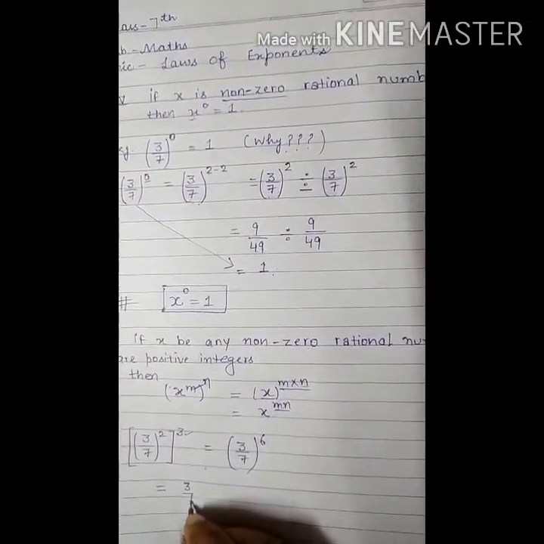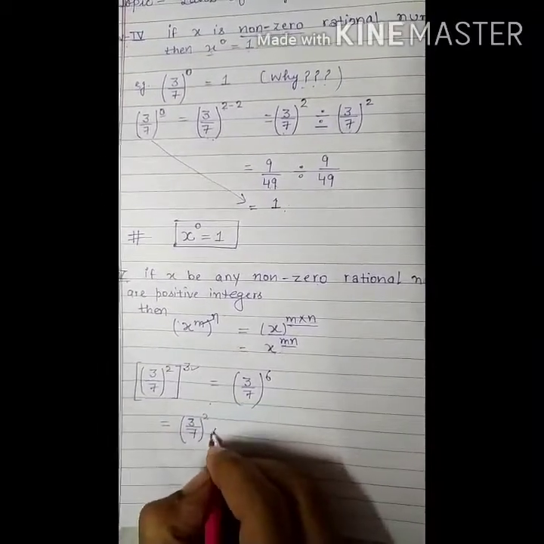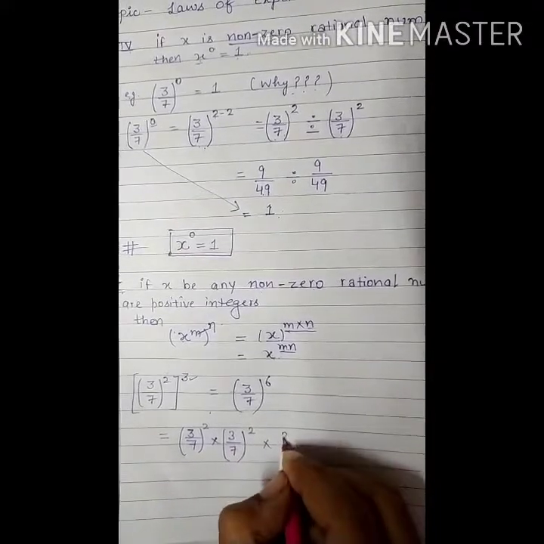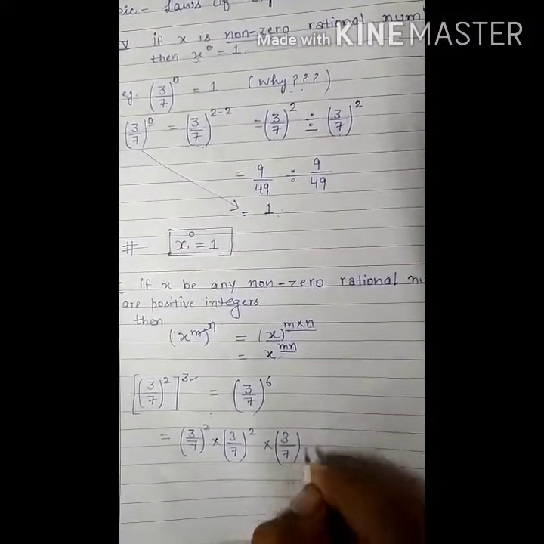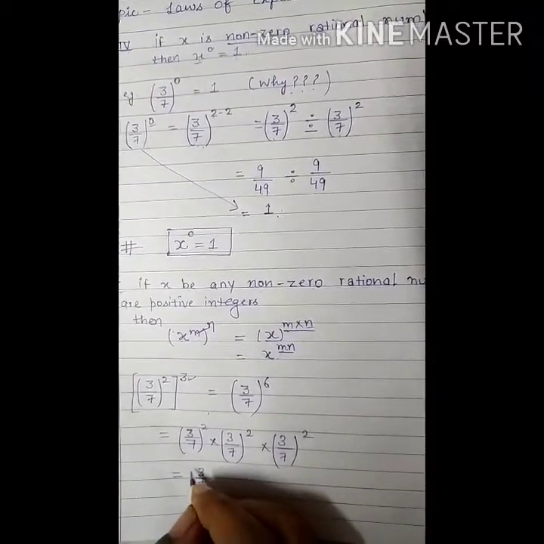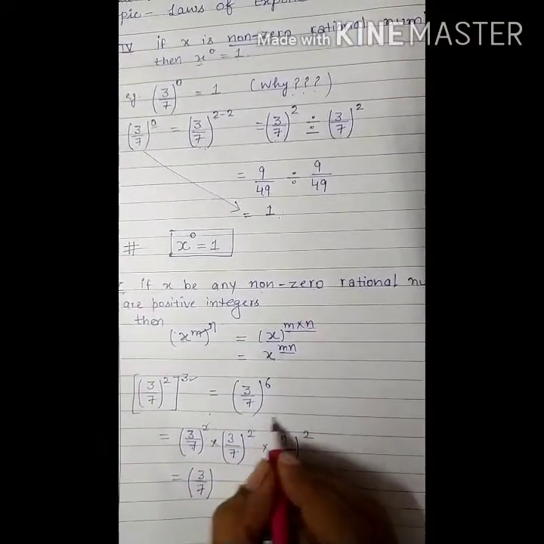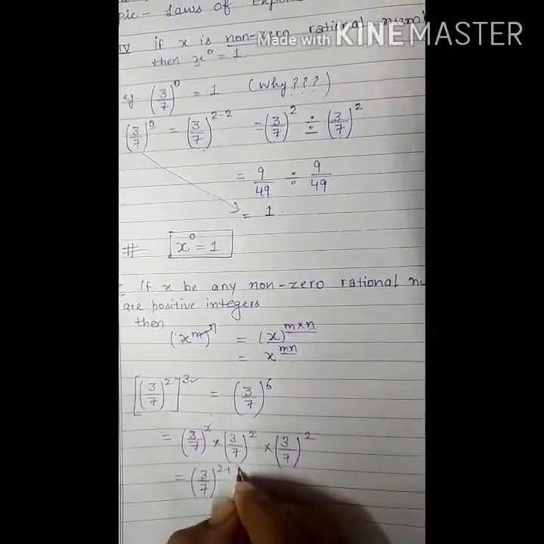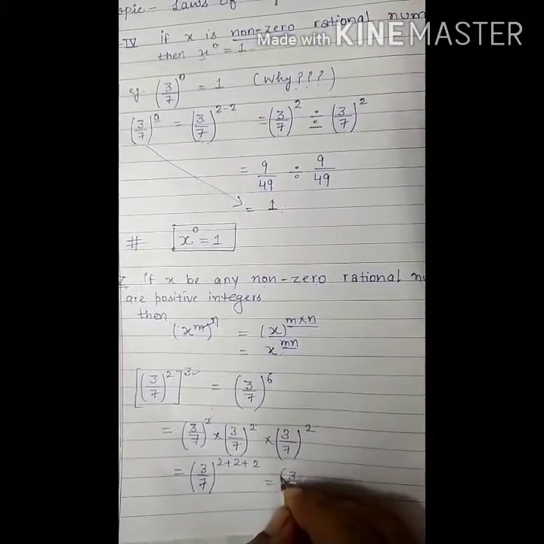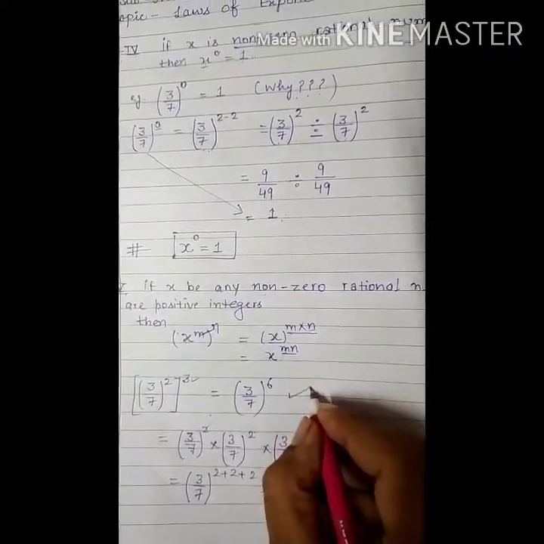So 3/7 to the power 2, 3 times, so we will write it down 3 times. Now using law first of exponents, base is same, we just add the powers. It is equal to 3/7 to the power 6. The same result.